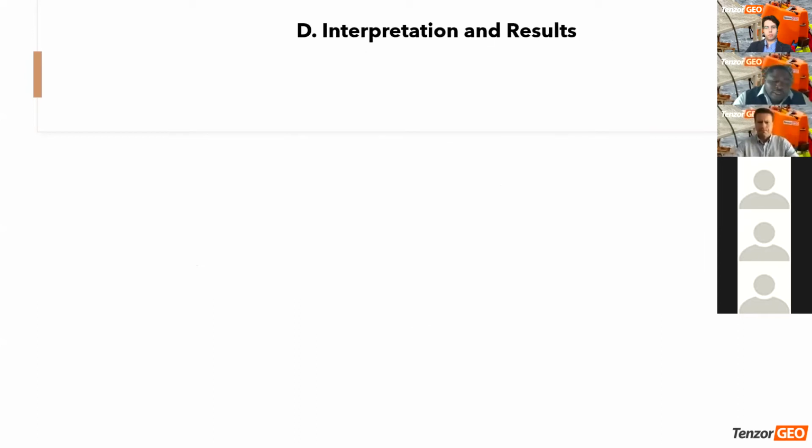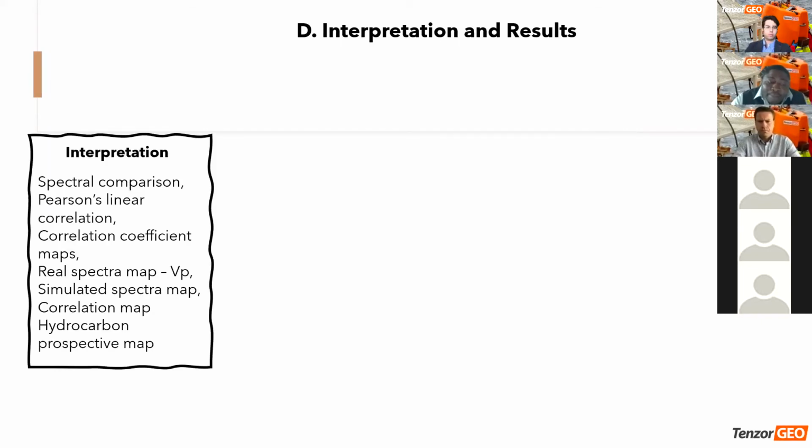Finally, we move into the interpretation stage. Now, in order to perform a quality control of the filtering and the simulation stages, we compare acquired spectra with modeled spectra and evaluate the similarities using a Pearson's linear correlation coefficient. As a result of this, maps are created.